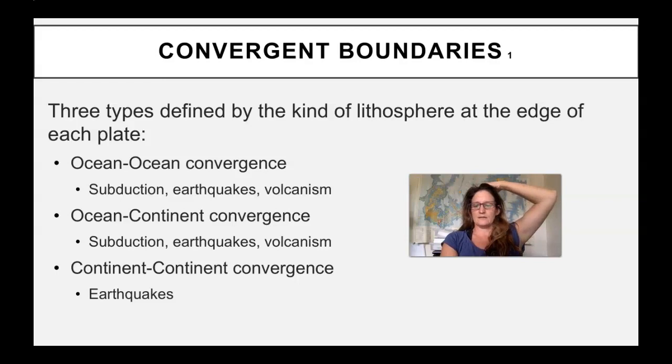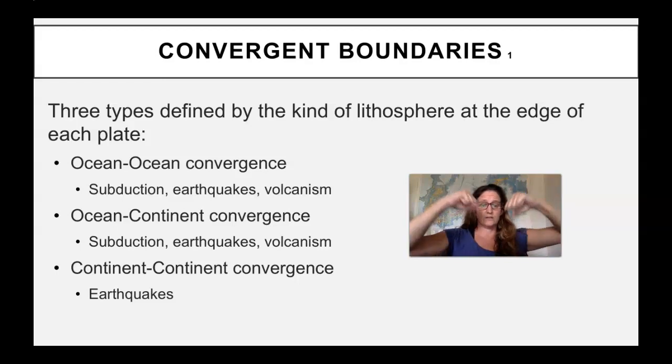In either case, you have subduction, old oceanic crust is going down, and that's going to generate earthquakes and volcanoes. In continent-continent collision, 2 buoyant pieces of continent, neither of them are going to subduct, they're just going to ram into each other, and you're going to have earthquakes.